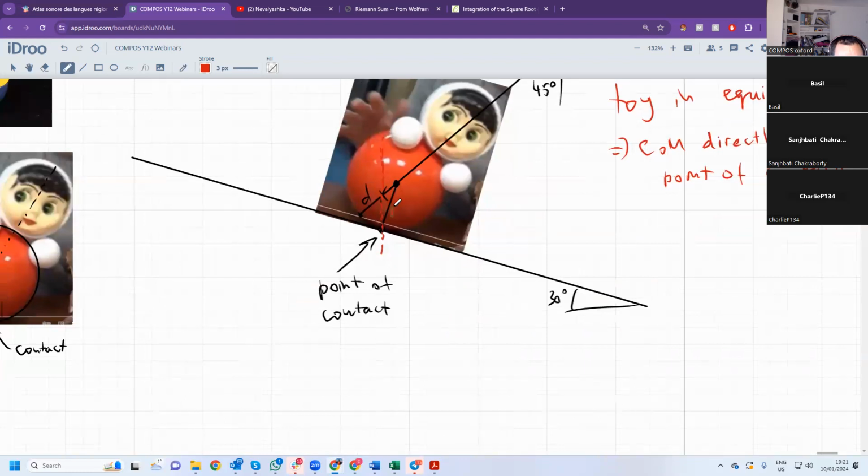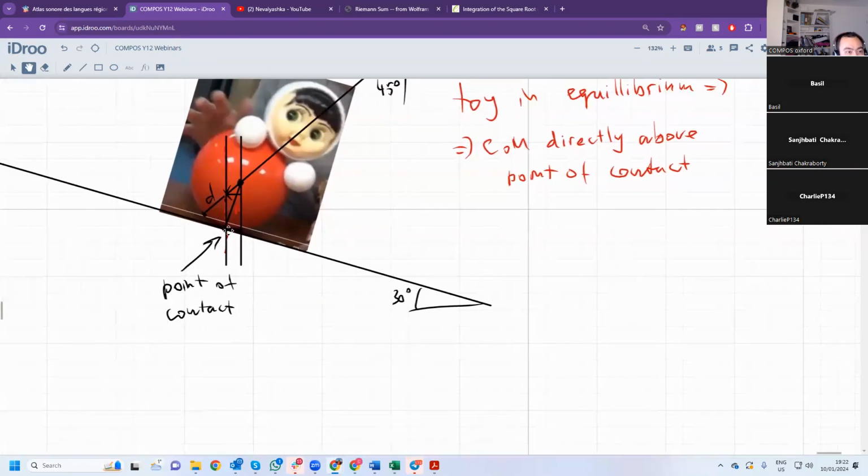This is R. If we draw another vertical line here, and a horizontal line here, and a horizontal line here.